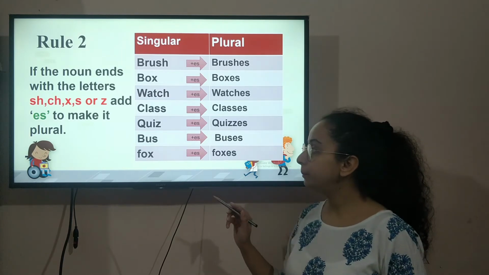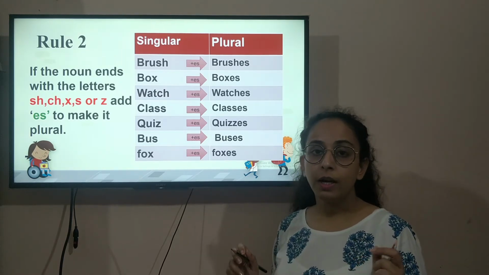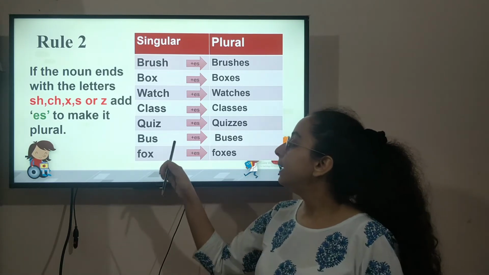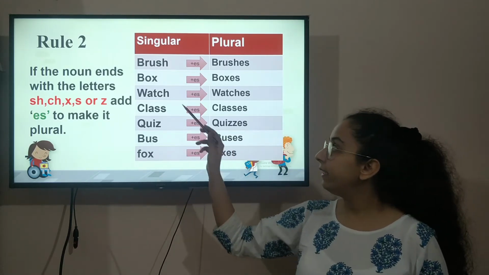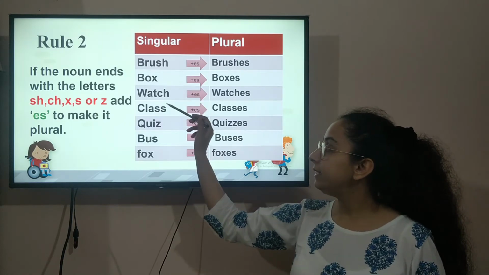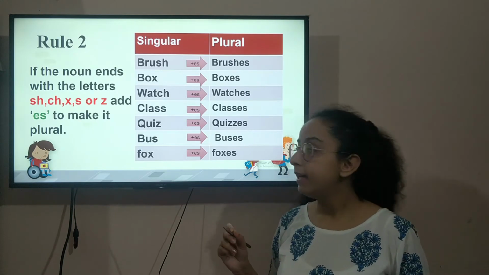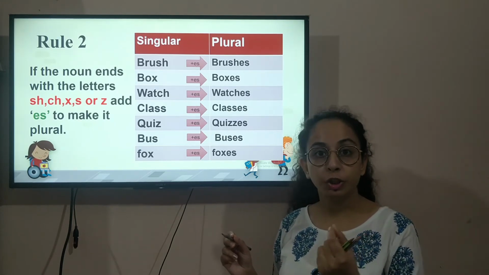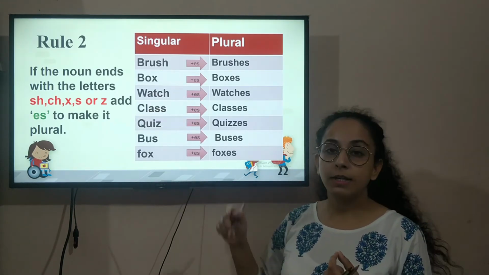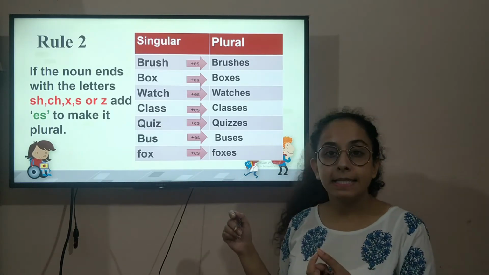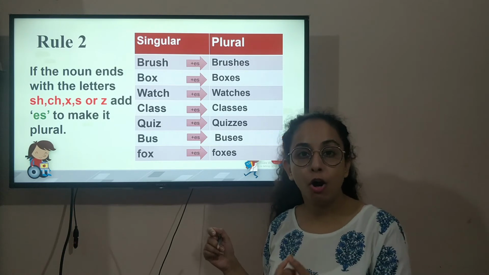Okay, so also pay attention to the pronunciation of these words. These words are ending with sh and these letters, they make a hissing sound. Okay, like brush, sh, box, class, bus, quiz, fox.